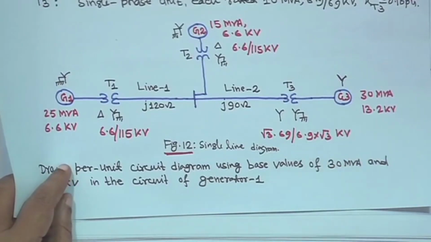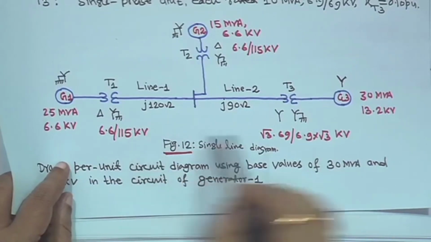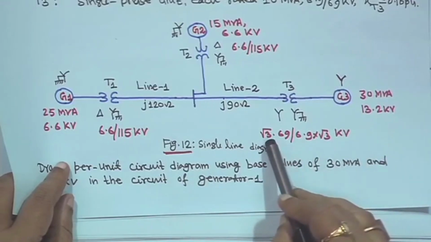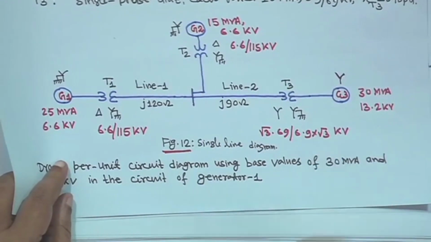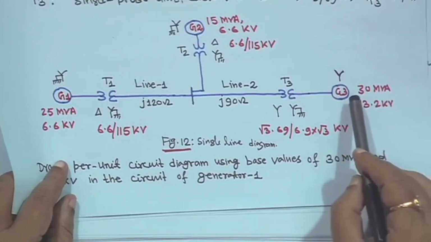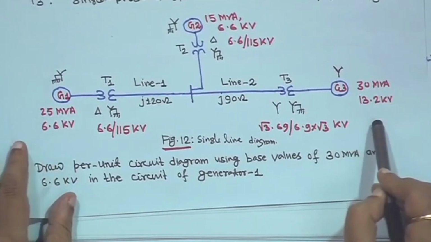Because it was given as single phase, 69 by 6.9, high voltage to low voltage, but when you make a star connection using 3 single phase transformers, we have to represent line to line voltage, which is why it is multiplied by root 3, and on the secondary side also by root 3. And this generator is star connected, G3 is 30 MVA and 13.2 kV.